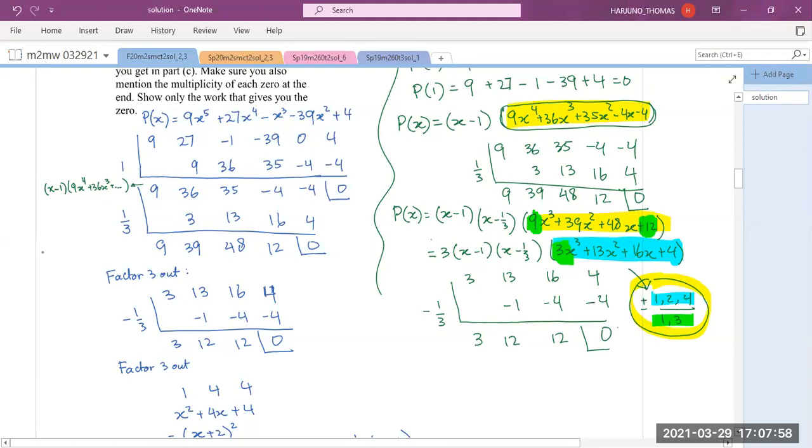Now when we factor x minus 1/3 out, then we get x minus 1 times x minus 1/3 times 9x cubed plus 39x squared, blah, blah, blah, from here. Now, when we factor 3 out, then we get 3 times x minus 1 times x minus 1/3 times 3x cubed plus 13x squared, blah, blah, blah, from here. Now, then we have x plus 1/3 out, right?